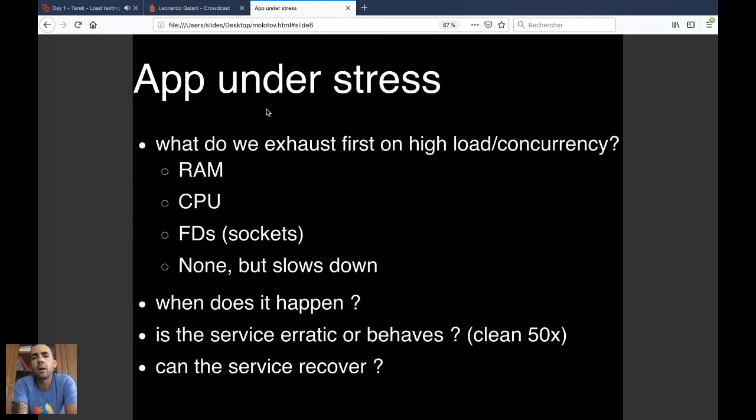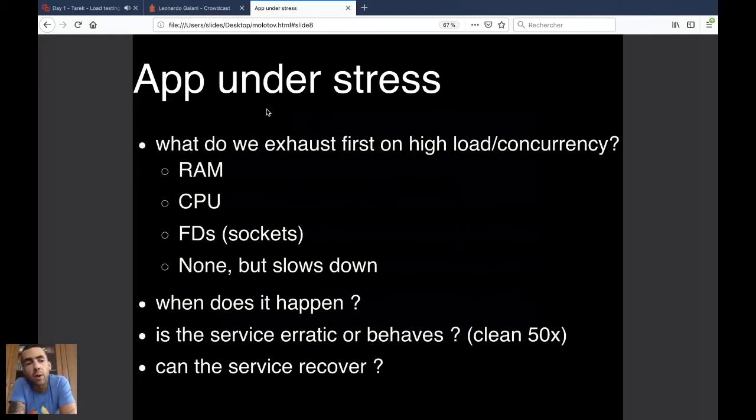So we want to check that this is not happening, and if it's happening, we want to understand how much load it takes to reach that point.